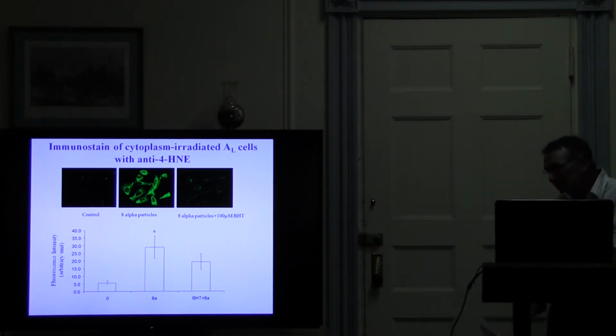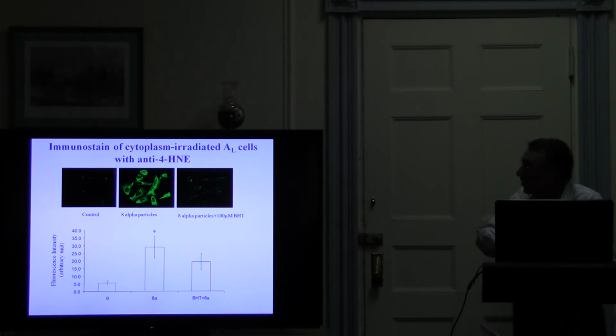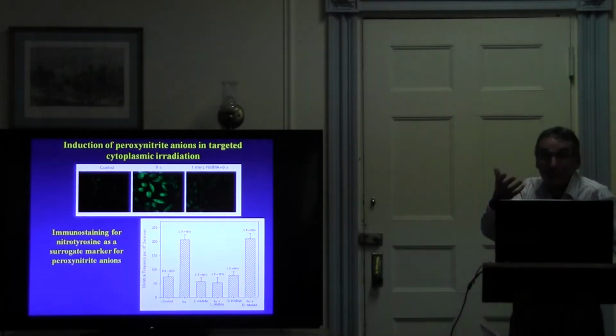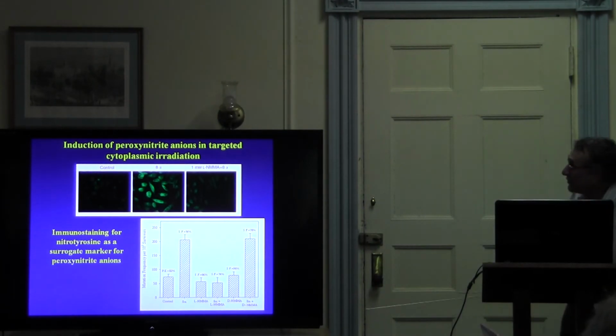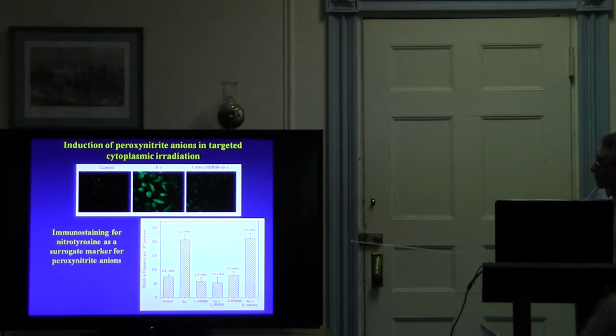So it's pointing altogether that cytoplasmic irradiation is inducing this oxidative stress that will lead to genomic DNA damage. And I'm sure as you sit, many ideas come into your mind of what experiments you might do to follow up, and hopefully we can have a chance to talk about that.